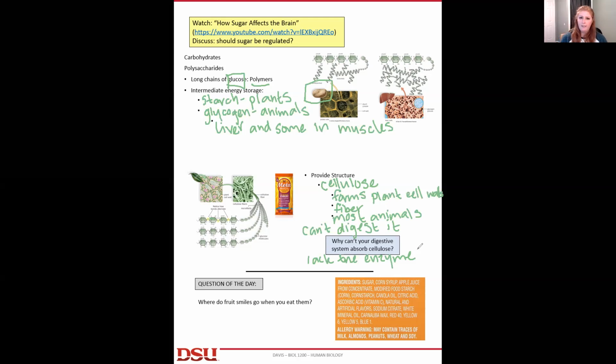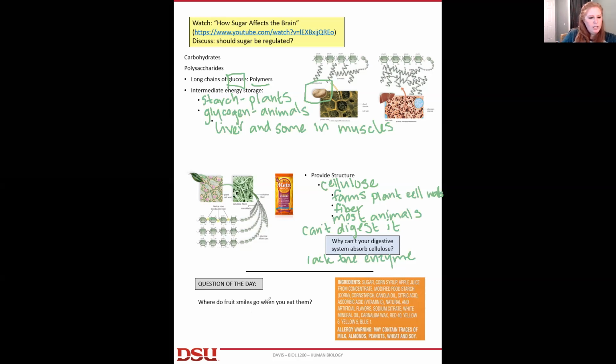What they do have are microorganisms, bacteria, that live in their gut. And it's actually those microorganisms that are breaking down the cellulose for them. The byproduct of the bacteria releasing that is methane gas, okay? Which the animals then release as methane gas.